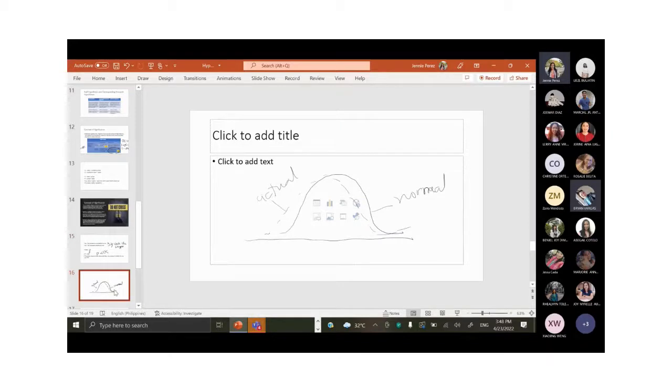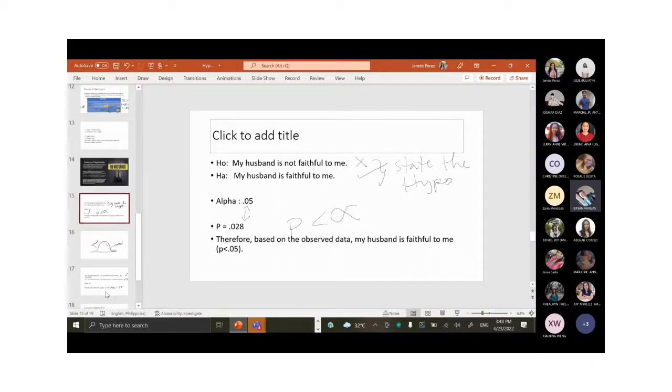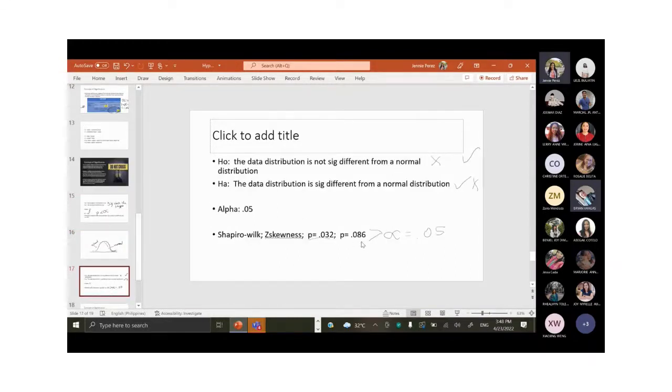And since dito kasi lumabas na the p-value is, nasaan na yun? Dito, sa 0.08, the p-value is greater than the alpha. So, the data is normal. Hindi natin ma-reject ang null hypothesis kasi sinasabi niya pareho lang siya. Our observed data or actual data is just the same or not different from the normal overlay. So that is hypothesis testing.